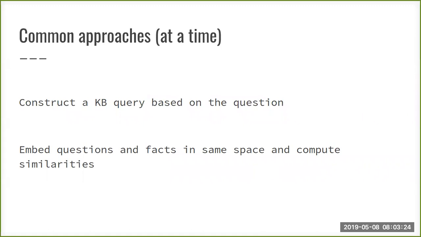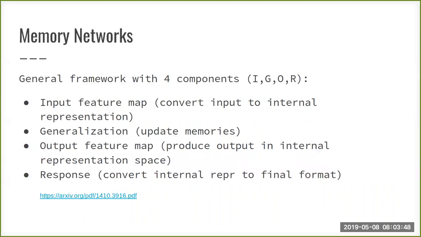At the time when this paper was released, the common approaches were to either translate your natural language question into a query and run this query against the knowledge base, or embed the questions and the facts from the knowledge base into some common space and then compute the similarities there. This paper does the latter. They embed into the space and compute the similarities.